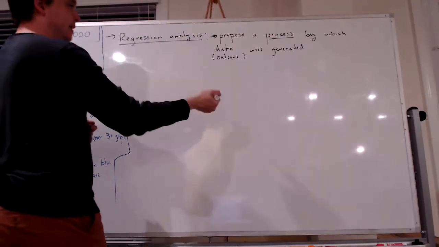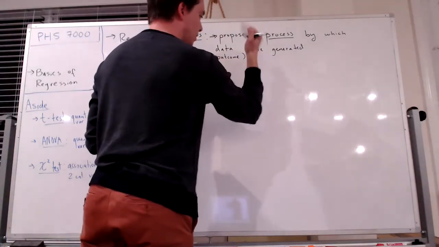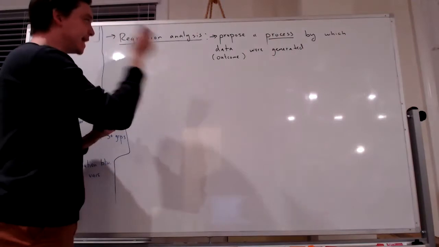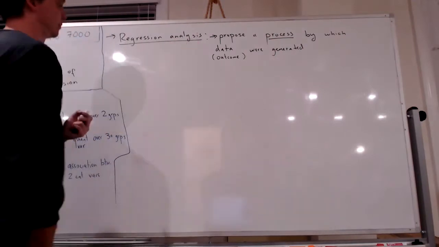What is the process by which my outcome variable came to be? What is the data generating process?